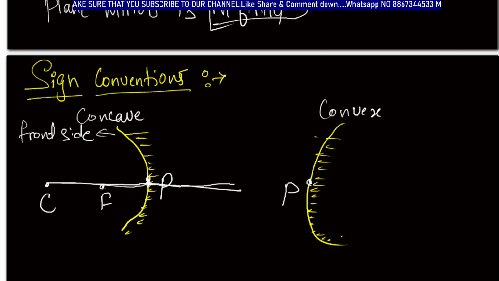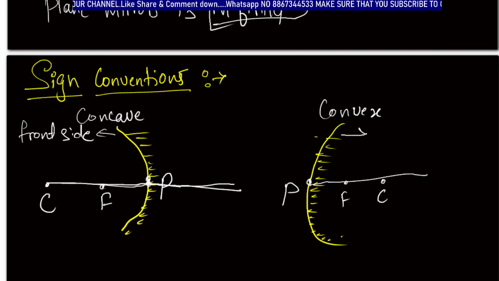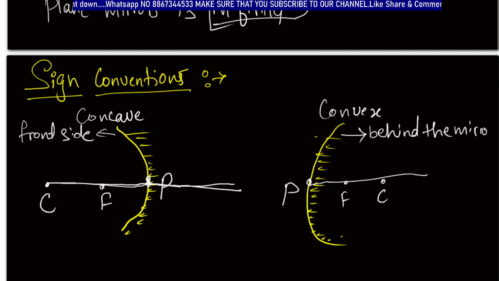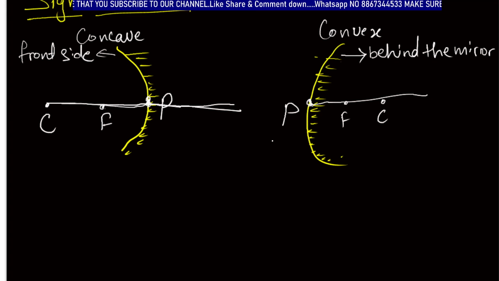But in the case of a convex mirror, the focus and the center of curvature lie behind the mirror. So this is the back side of the mirror, and this is the front side. We will learn the sign conventions considering where the focus and the center of curvature lie in a concave mirror and in a convex mirror.